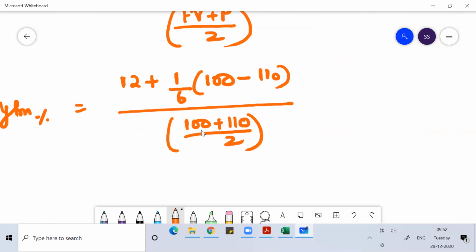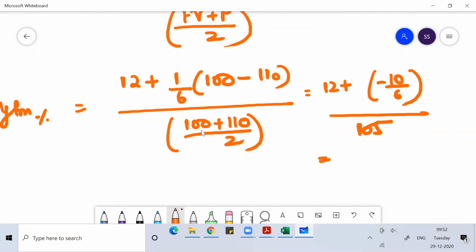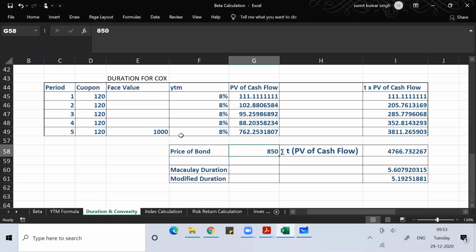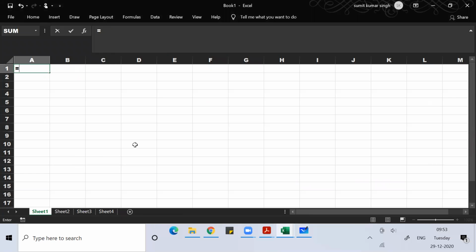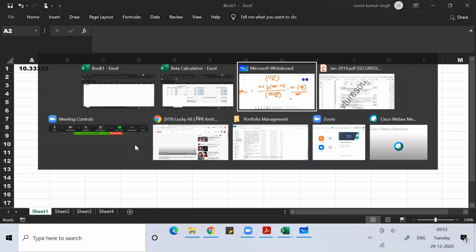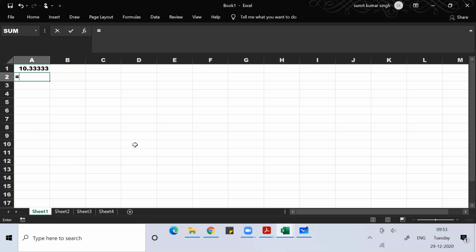So you need to do this calculation. This is 12 plus, this is minus 10 by 6, divided by 105. You multiply this with 100 because you want the answer in percentage. How much will you get? 12 minus 10 by 6, so 12 minus 10 by 6 is 10.33.